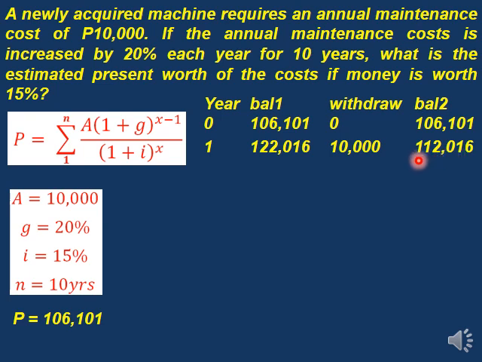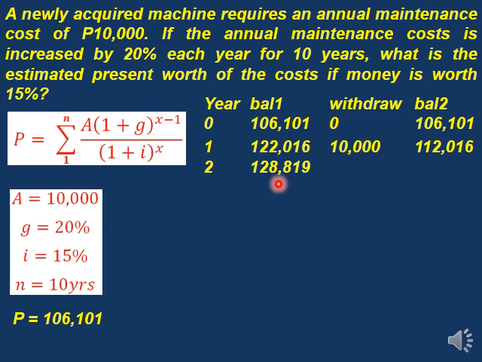And then this amount of money will continue earning an interest of 15%. That means when we multiply this money by 1.15, at the end of the second year, this amount of money will become 128,819.